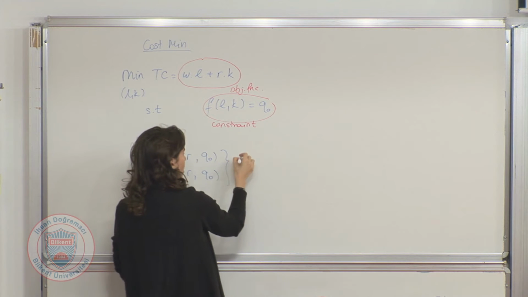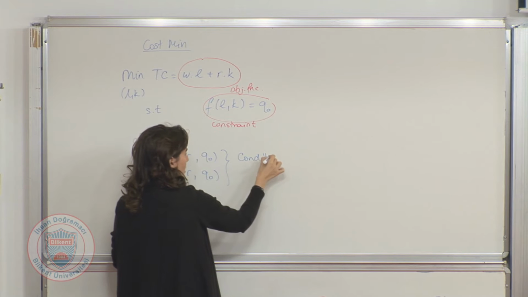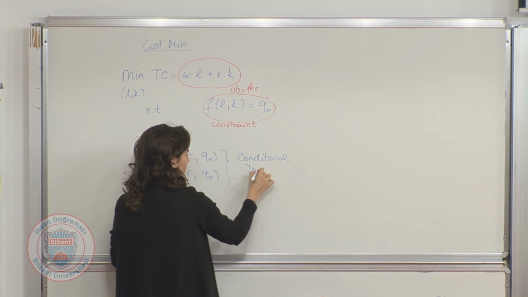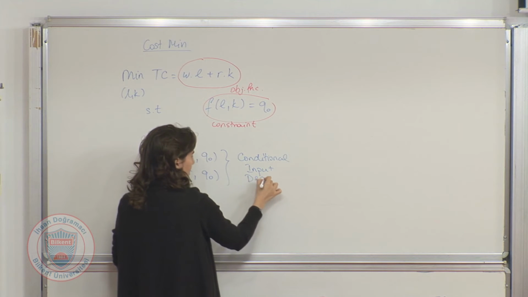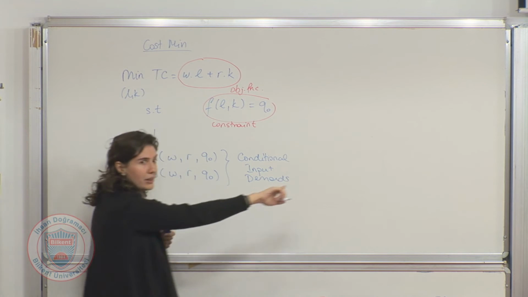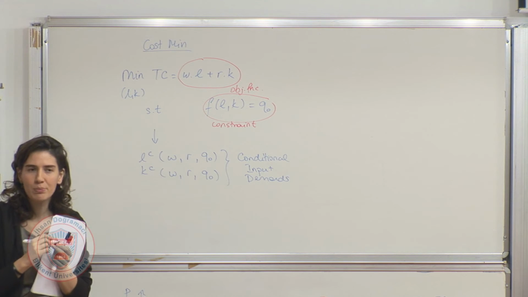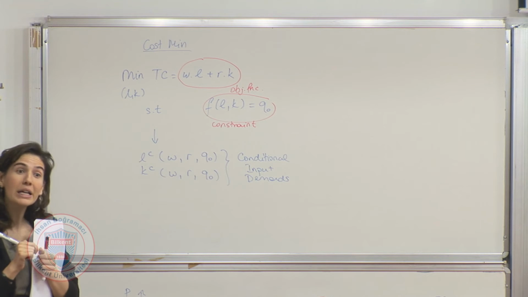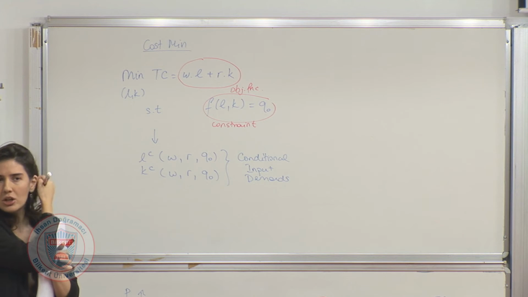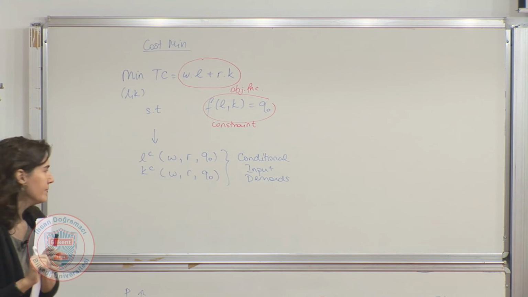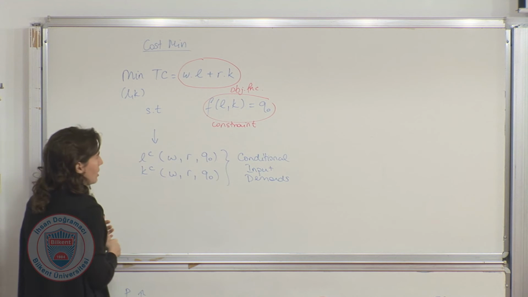These guys were called conditional input demands. The ones coming from the profit maximization problem would be the unconditional ones, because they're not conditional on a Q.